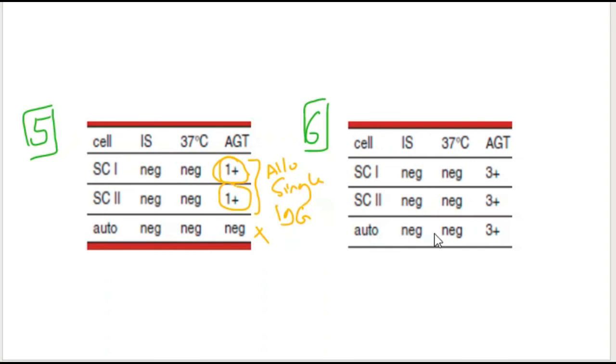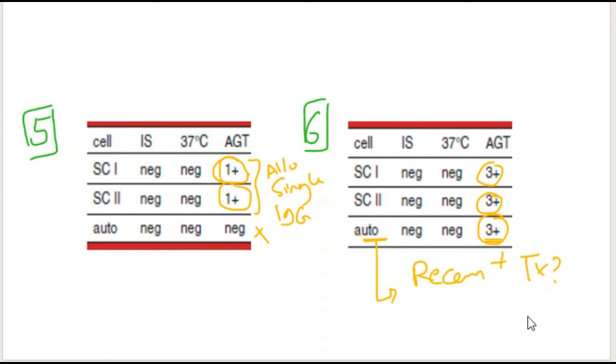Here it's quite different. Here it's plus 3 and here also plus 3, so cell number 1 and 2. But the important point here is the autologous control is also plus 3. So if the autologous control is positive, we have to go back to the history of the patient. Is there a recent transfusion?